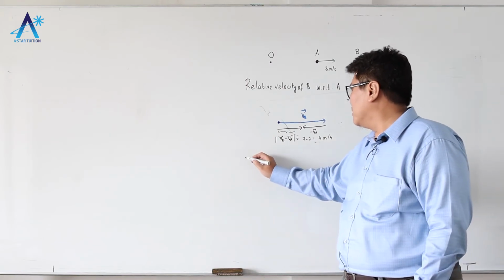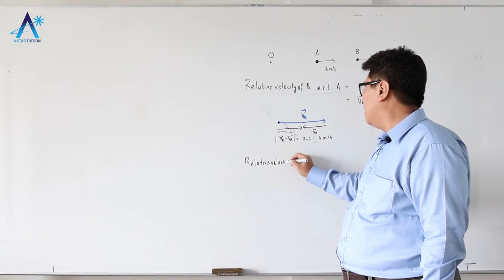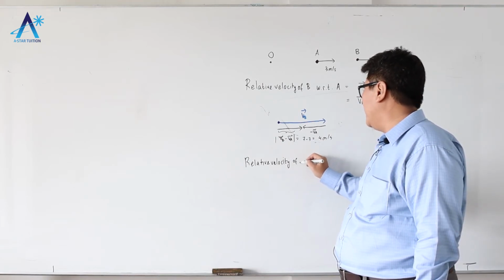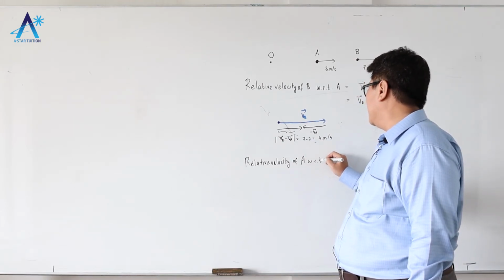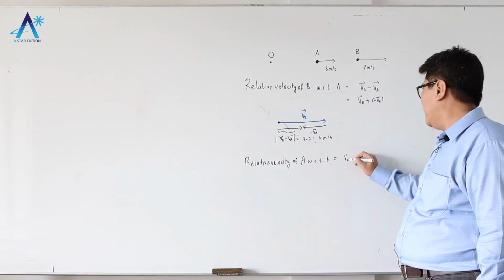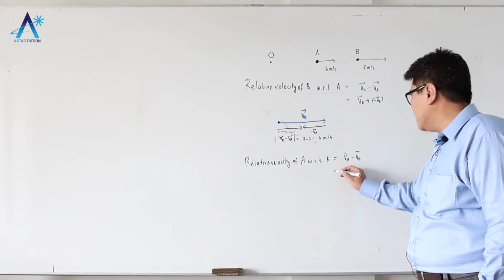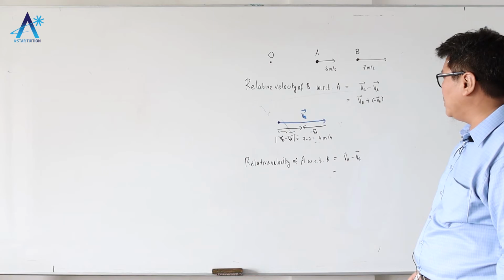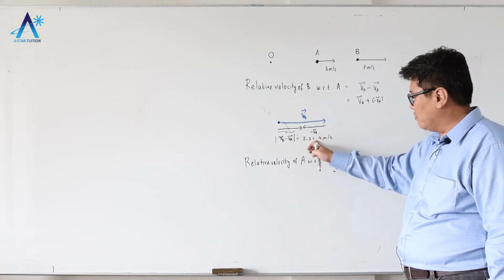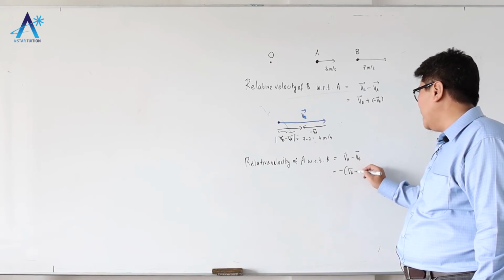Now, what about the relative velocity of A with respect to B? This is simply the opposite of that, so VA minus VB. If you want to make use of what we drew here, this is just the minus of VB minus VA.